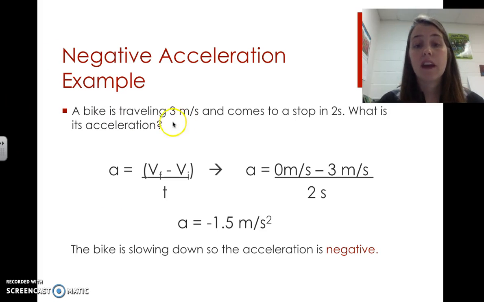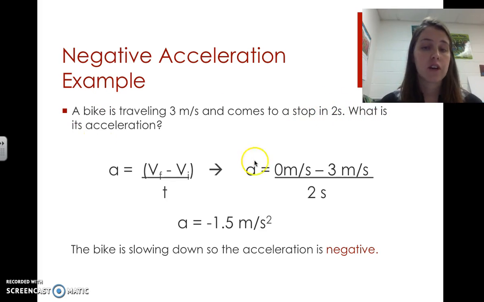So we have a final velocity, and the final velocity is it came to a stop, so it's going to be 0 meters per second. We have our starting velocity because we know what it was traveling at, and that is 3 meters per second. We have our time, which tells us how long it took for this change, the 3 meters per second to the stop, to happen, and that is 2 seconds.